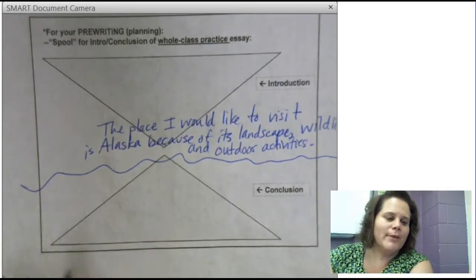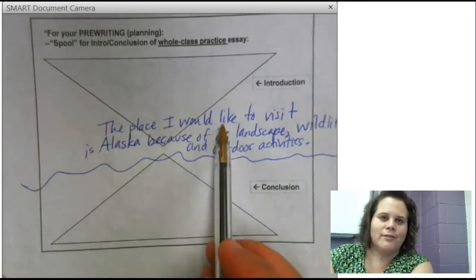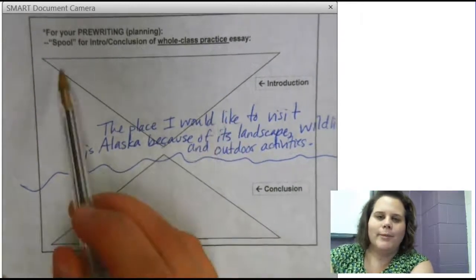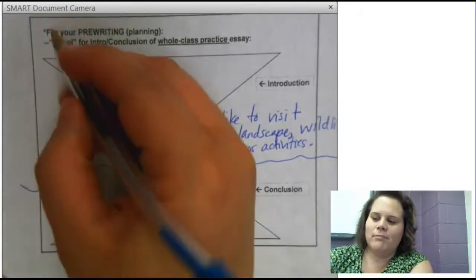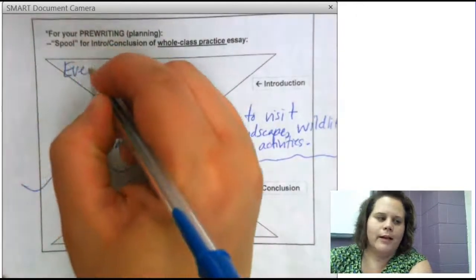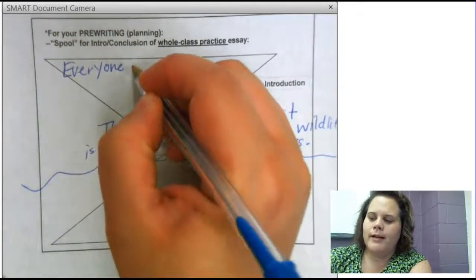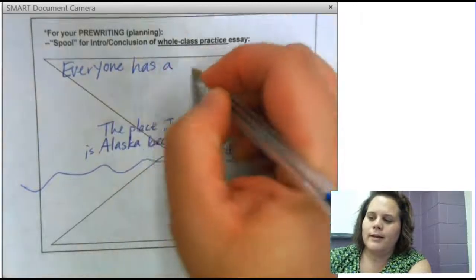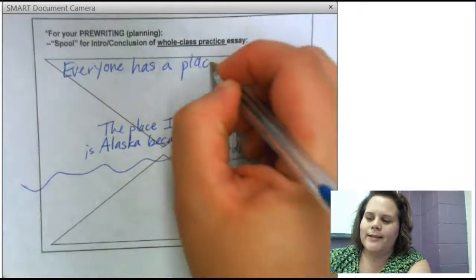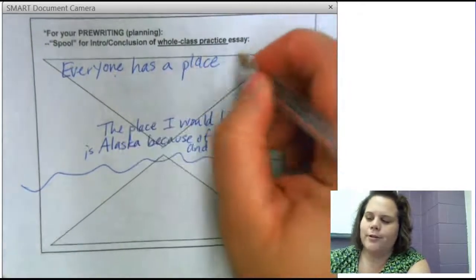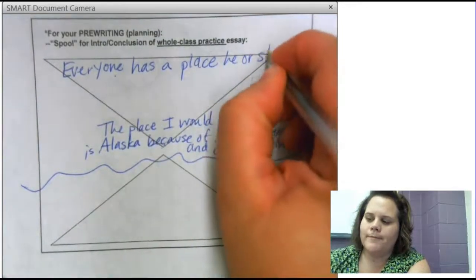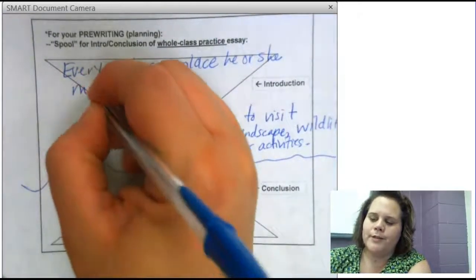Sure. It's about our topic. Our topic is a place you like to visit or travel. Everybody, I'm going to start with that. Everyone has a place, and we don't say they because everyone is singular, so he or she might like to visit.